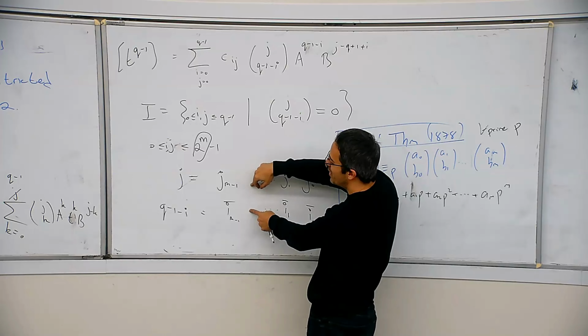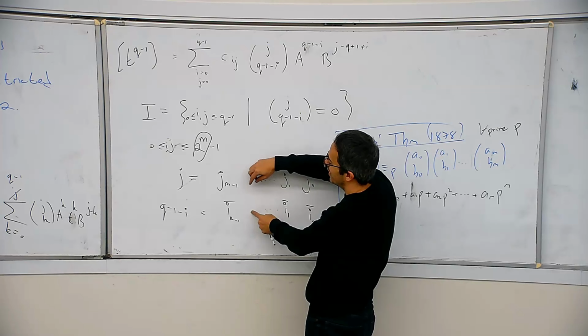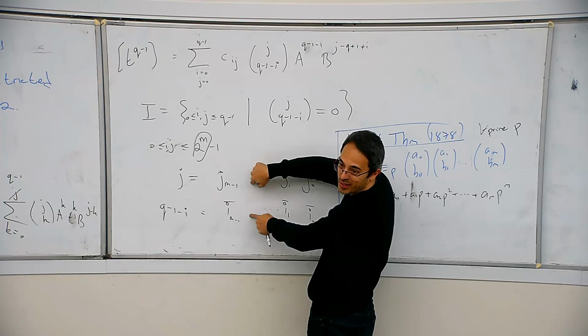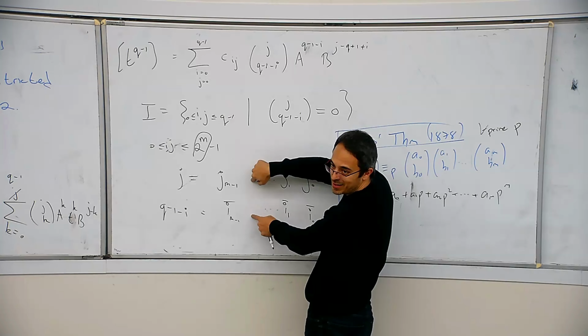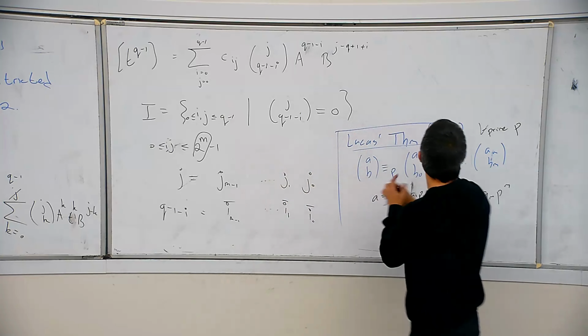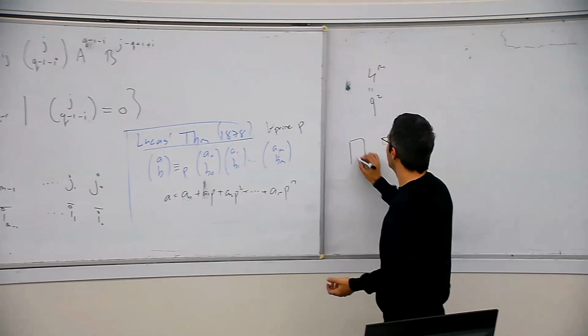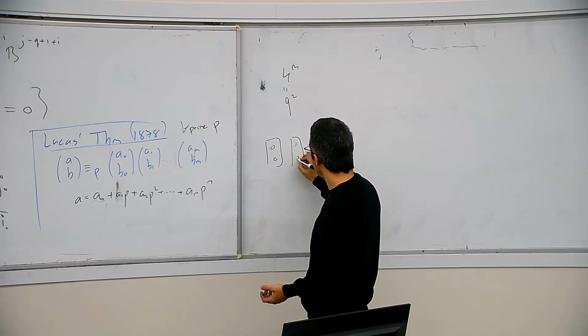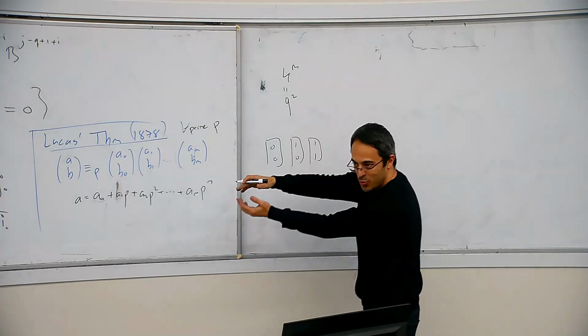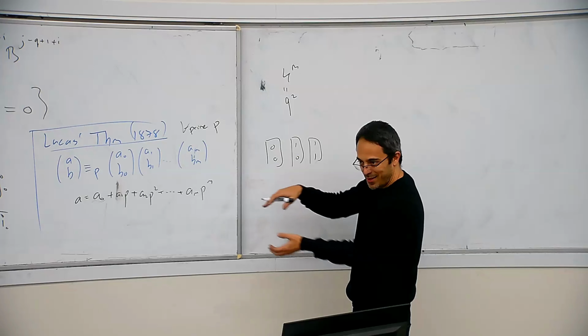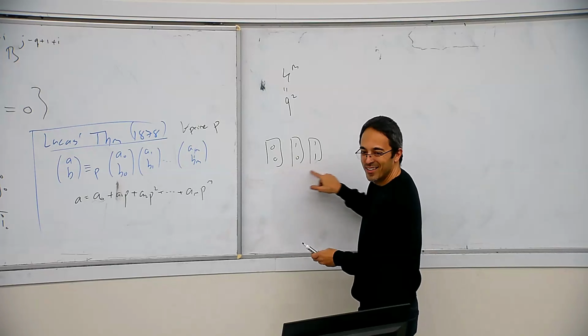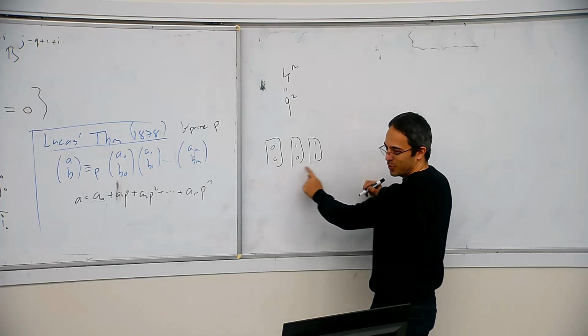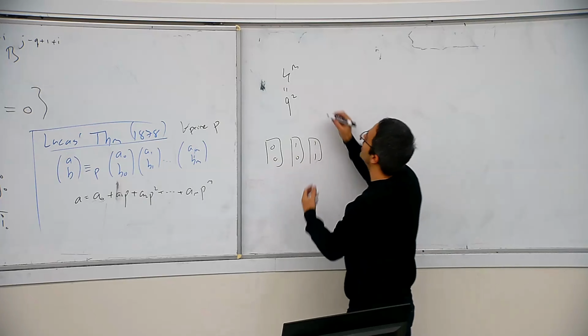Now I'm counting how many I and J's we have so that there is no one here and a zero here. If you think about it, the only things you can use are 0, 0. You can't use 0, 1. So you can use 1, 0 or 1, 1. So when you construct these two vectors of bits of I and J together, it's 3 to the n. You can use each of those independently, so it's 3 to the n.